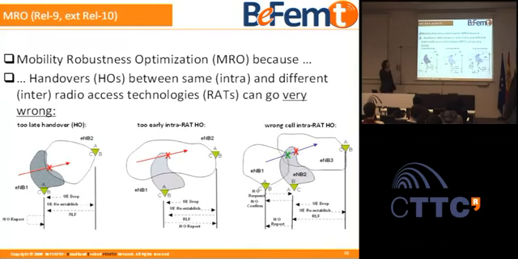Another issue which is important is mobility robustness optimization. It's about handovers. Handovers are one of the most complicated things in cellular networks, and I think that is really the competitive advantage of the 3GPP community with respect to the IEEE community.